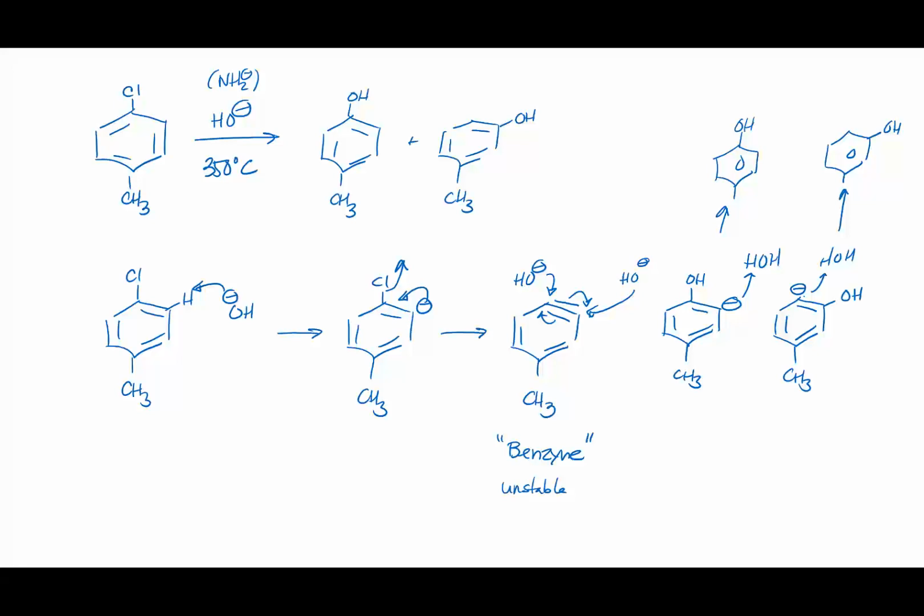Otherwise, there is no leaving group. The only thing that's left is the methyl is the leaving group or the hydrogen is the leaving group. Those don't leave. So this is kind of like an E2 mechanism. So if this is your leaving group, there's only 2 beta hydrogens that could be lost.